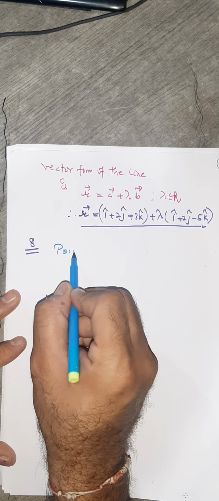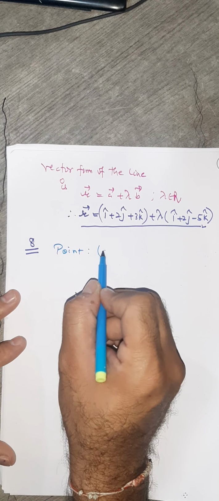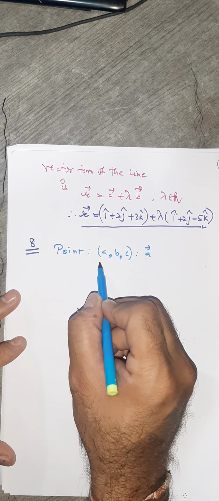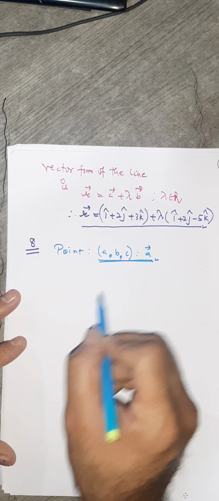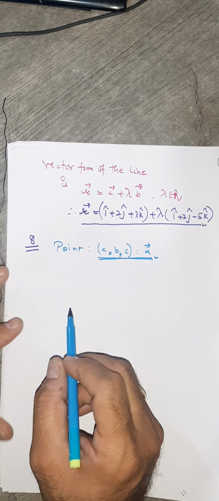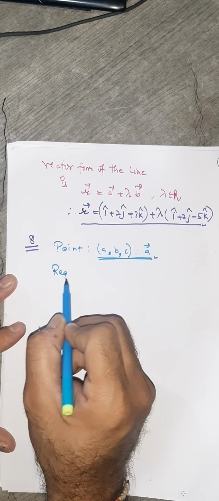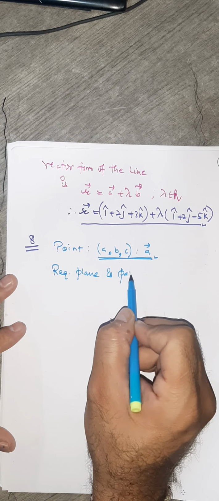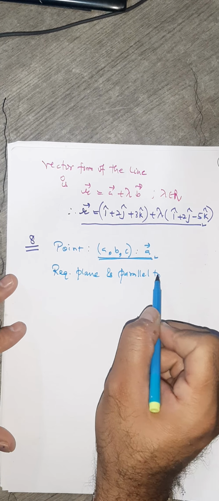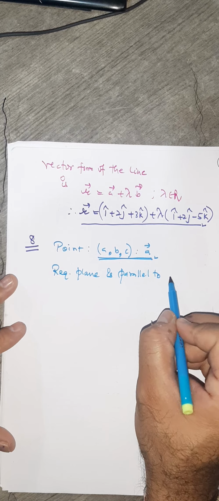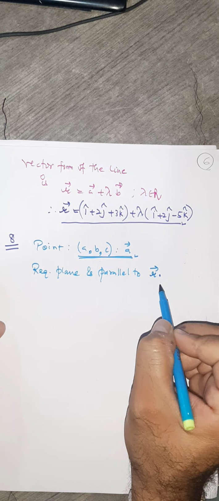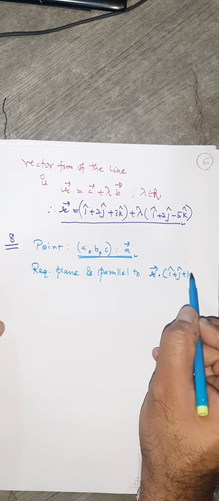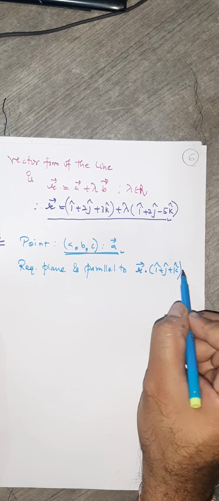The point through which this plane passes is the point A, B, C. This is vector A as per our notation, or this is a fixed point. Fine. The required plane is parallel to this plane, vector r dot i plus j plus k equals 2.